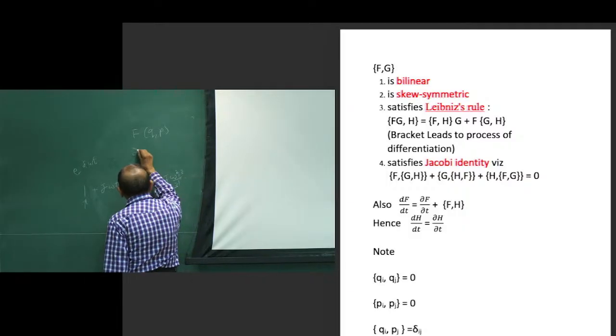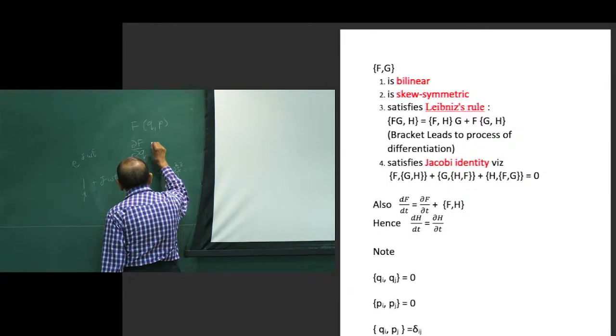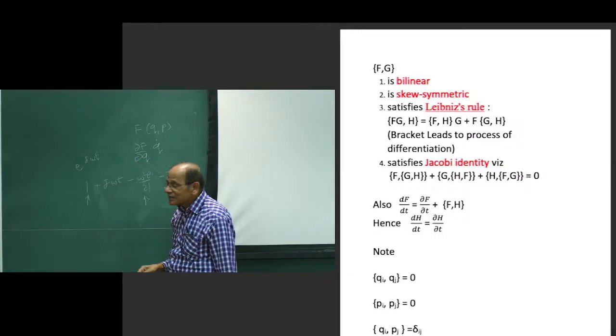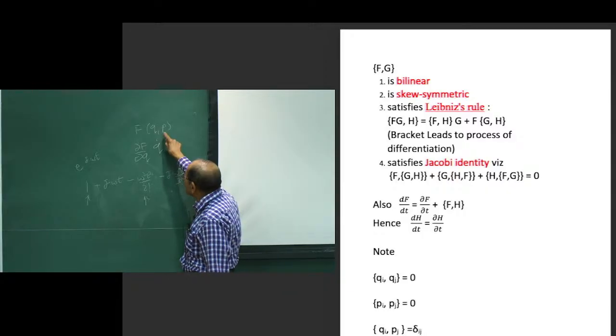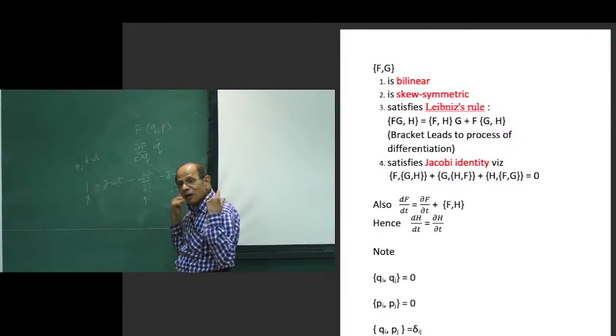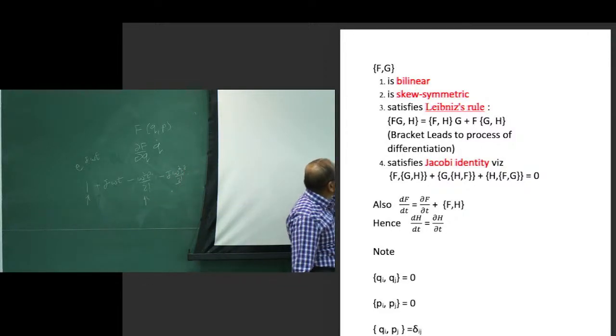So, I take the derivative of f with respect to q, and then the derivative of q with respect to t, which is q dot. Similarly, when I take the derivative of f with respect to p, I will get df by dp into p dot. Now, for q dot and p dot, I use Hamilton's equations, and that is how you get this bracket.